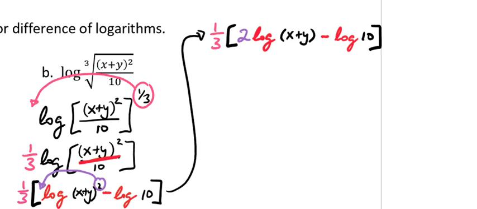And then remember, we're trying to simplify this. So we have it expanded, but we need to finish simplifying it. Now the log base 10 of 10 is a 1. So this turns into a 1.